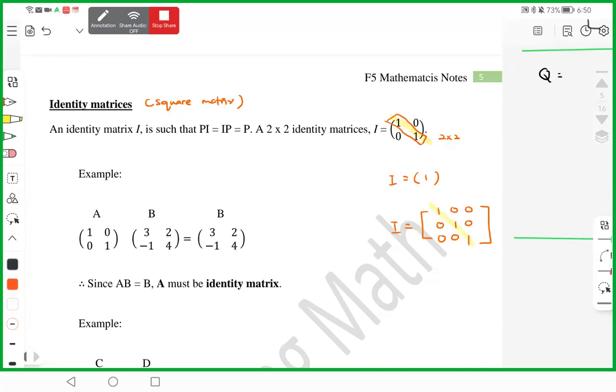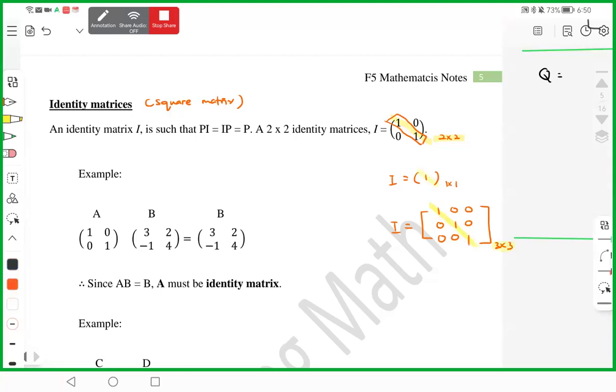It must be a square matrix, so it cannot be 0, 1, 0, no. That one is 1 times 4 already. Unless you write 2 times 2. It must be a square matrix, like this: 2 times 2, 1 times 1, or 3 times 3. Diagonal.